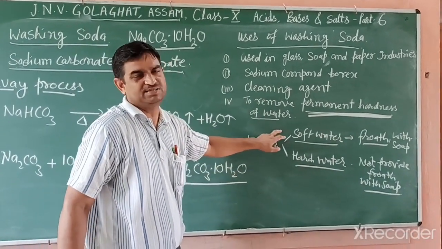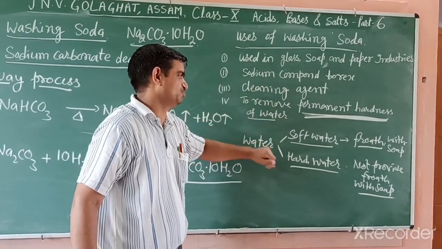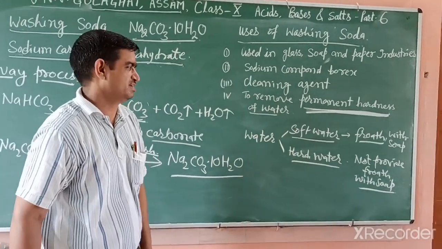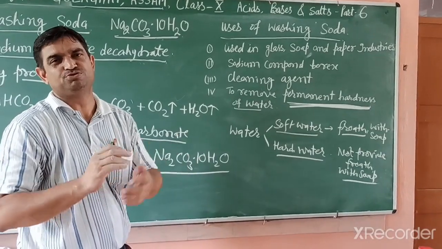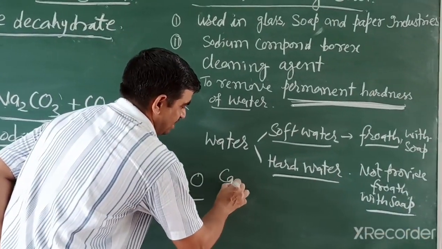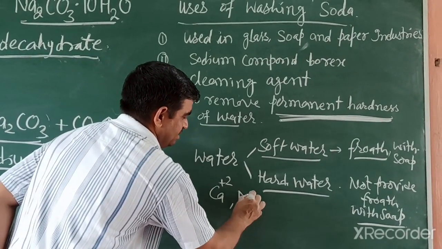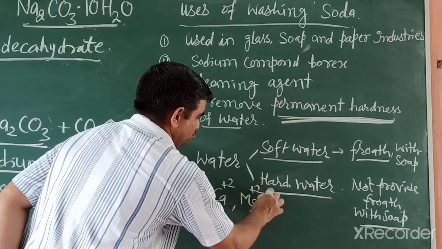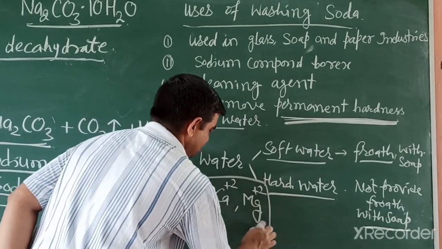By an activity. What are the chemicals responsible for the hardness of water? There are mainly two ions responsible for hardness of water: calcium and magnesium ions. Due to these two ions, water is hard.